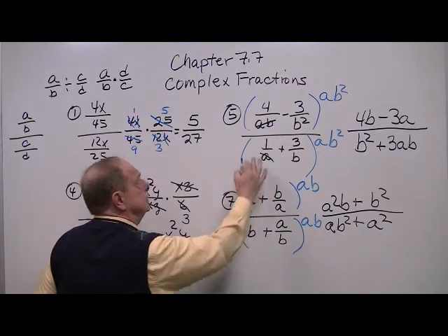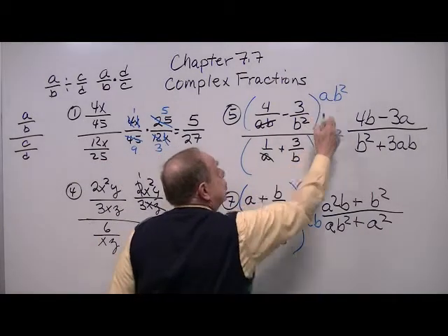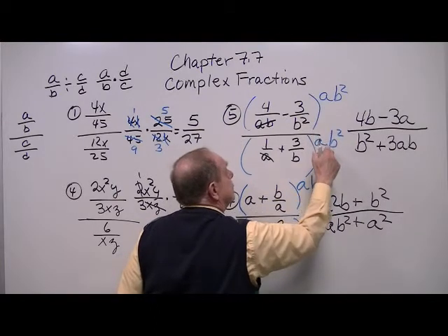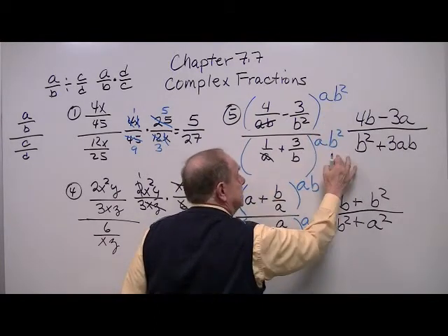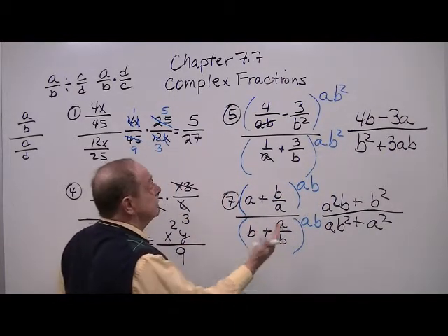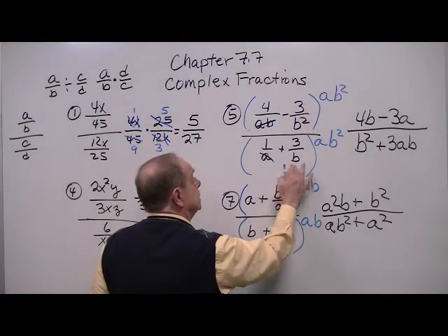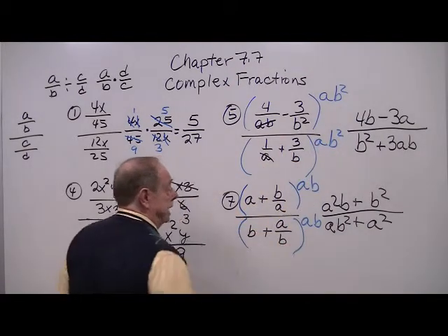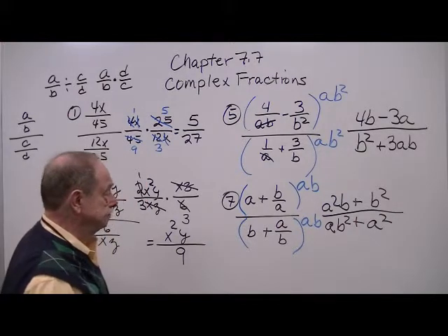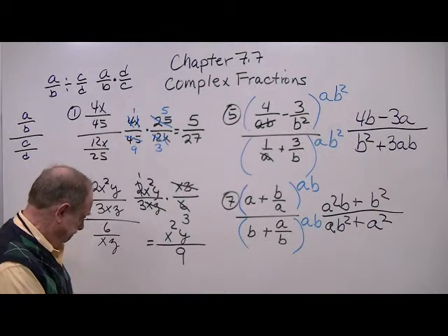So the technique you use is multiply each of these. Remember, these are 1 over 1. This divided by this is 1. We're allowed to multiply anything by 1 and not change its value. But we're using this technique to get rid of these fractions, as we've illustrated here. Okay.